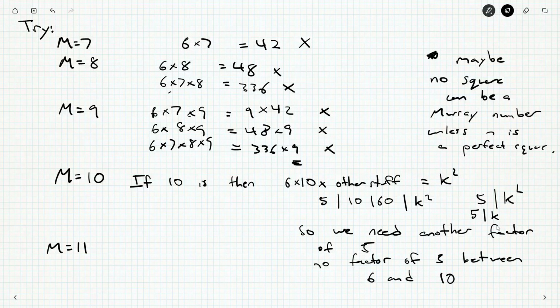You get 7, 8, or 9, and none of them are multiples of 5. Similarly, 11 introduces a factor of 11 that we just can't deal with.